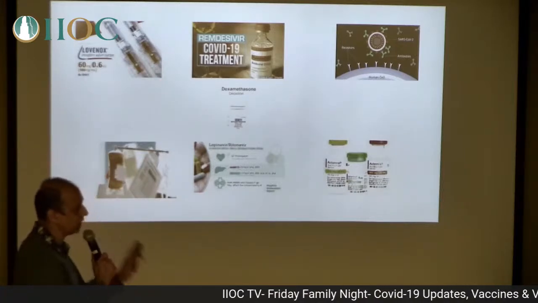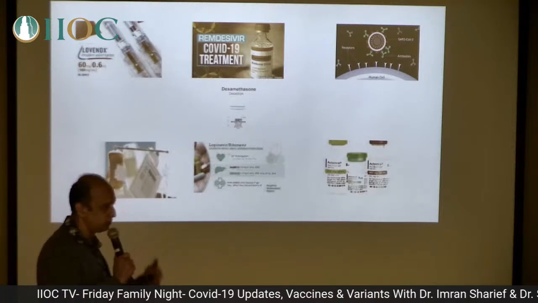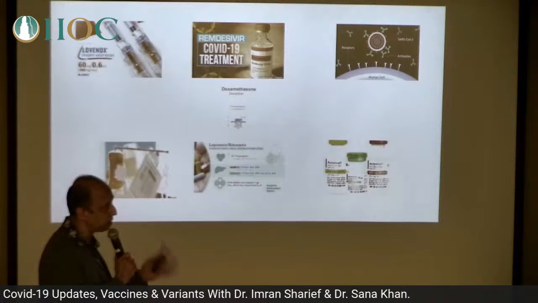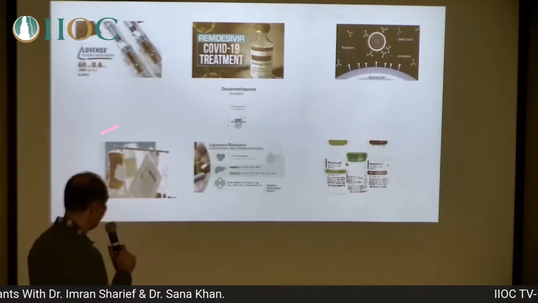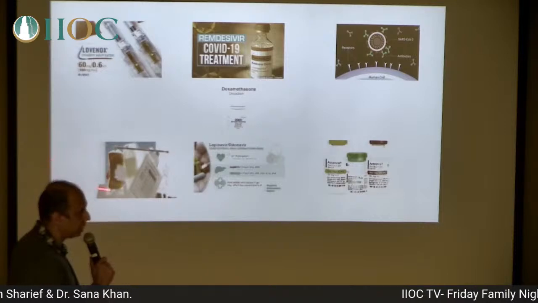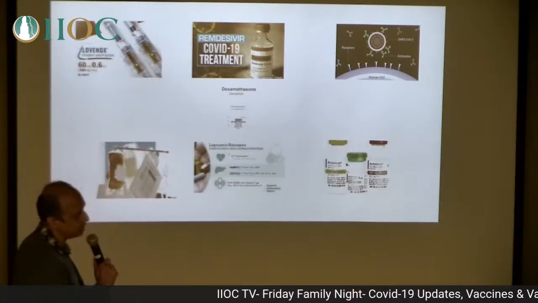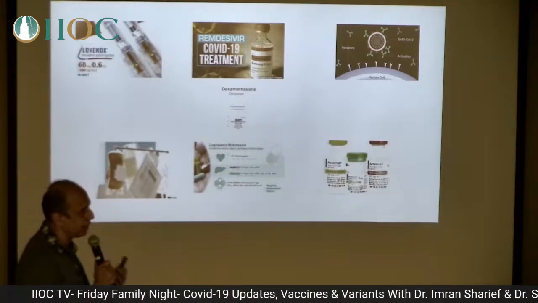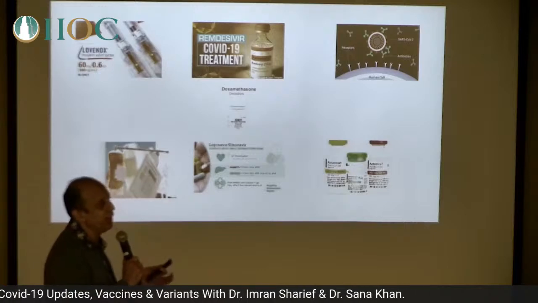It did not work initially. When this whole concept was brought up, we were using it a lot, especially last year around March, April, May, June, July, but it did not show much efficacy in severe cases. But in mild cases, there's some data coming out that it may be effective. Mild cases means, say, one of you having a body ache, flu-like symptoms, fever, chills, and just not feeling good.